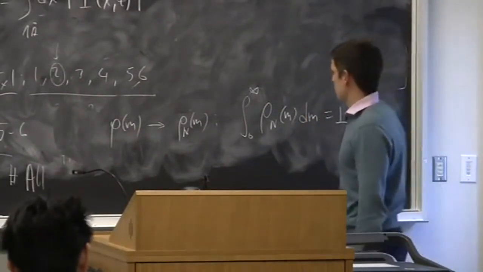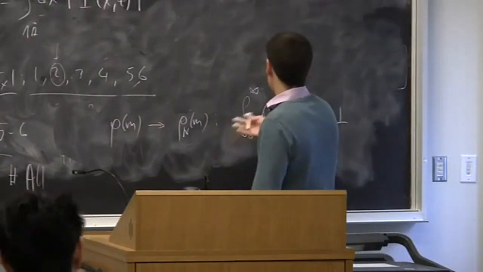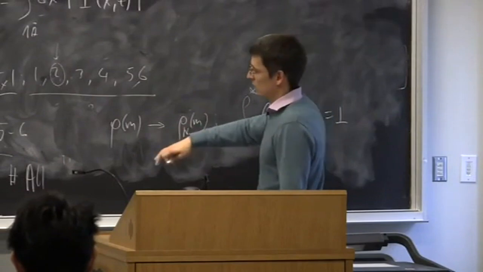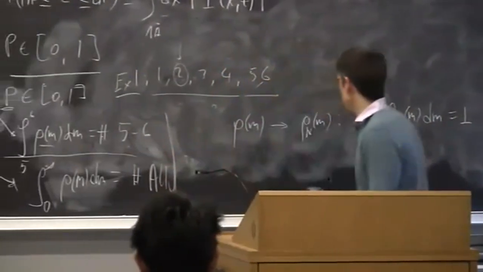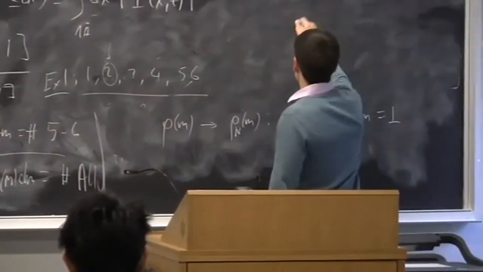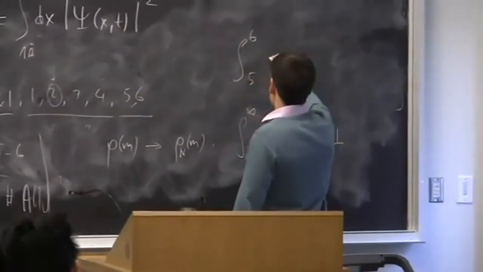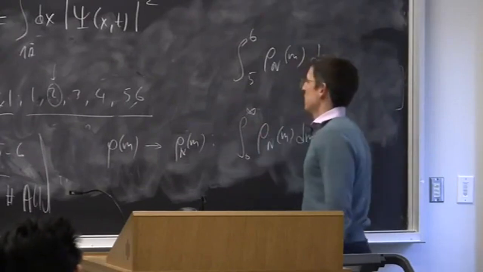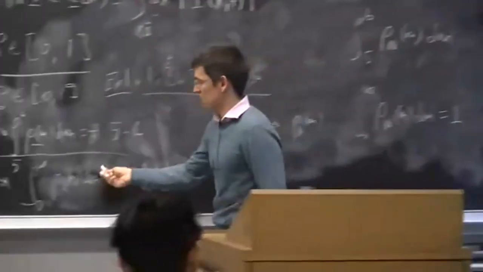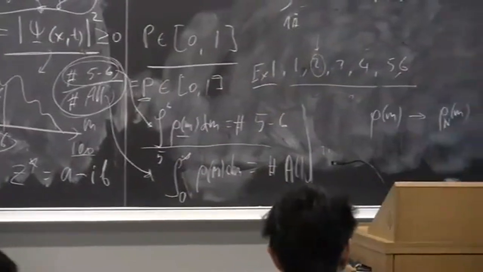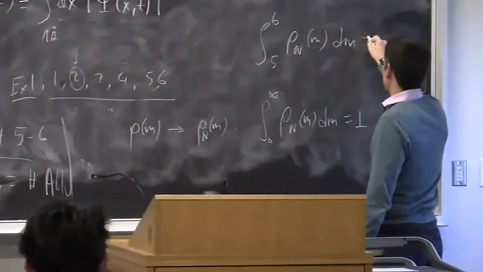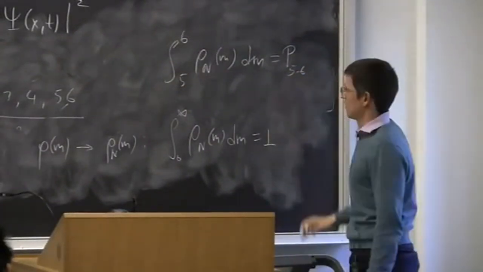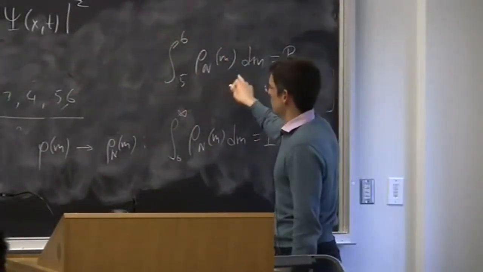That's convenient because I can then obtain the necessary probability by just integrating the normalized rho of m between 5 and 6, operating with one function.